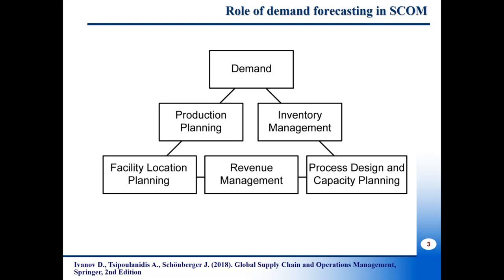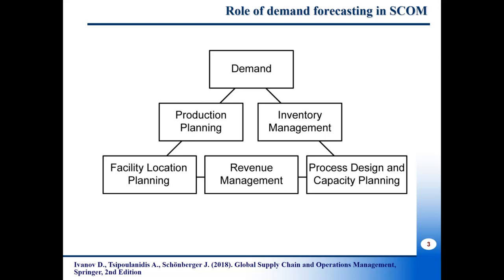to maximize revenue growth. The demand information is distributed across supply chain networks in order to produce production planning at each facility location. Similarly, demand information is used by process design and capacity planning to manage inventory at each facility location in order to minimize cycle stock without causing stock outs or back orders.